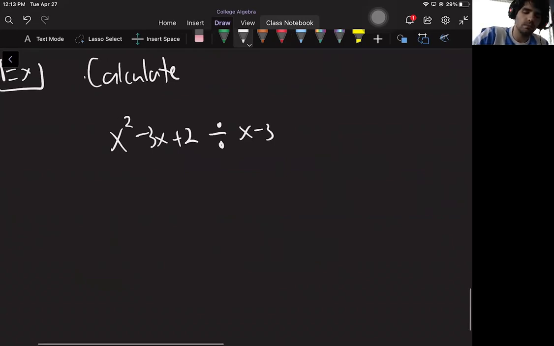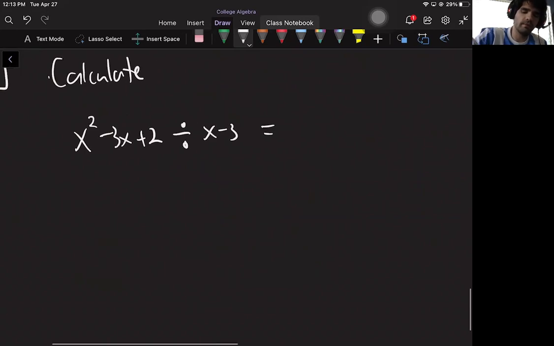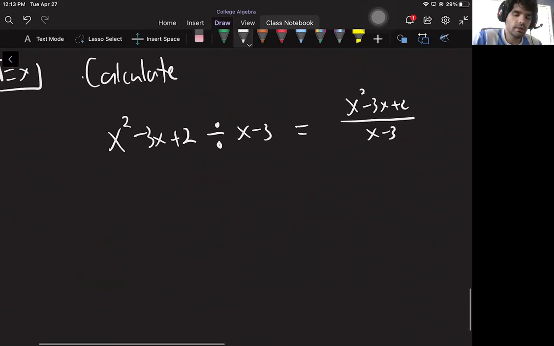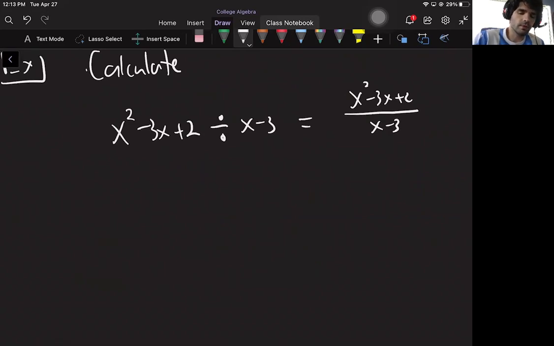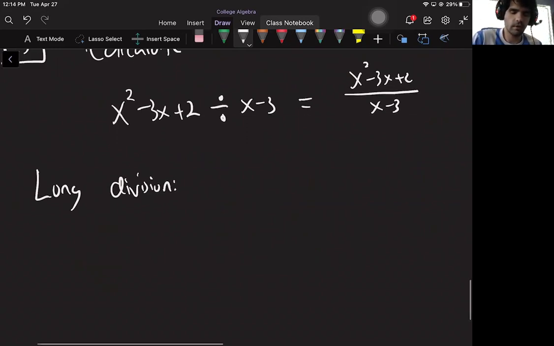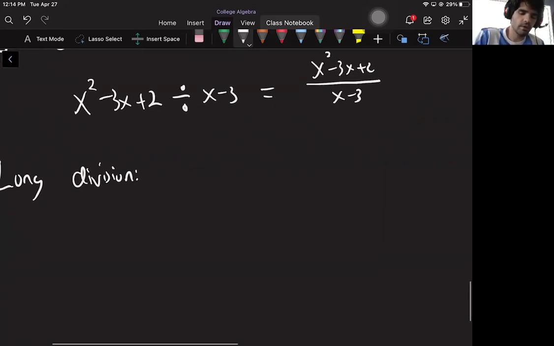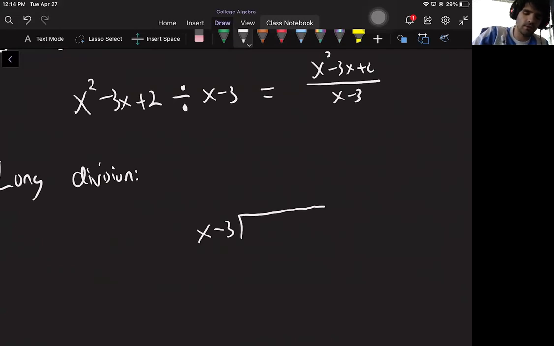And this is the same as saying the bigger polynomial on top of the other as a fraction. And to get it, we do long division. But the long division looks a little bit different. It's very similar. So you put the smaller polynomial on the outside still, just like you put the smaller number there, and you put the bigger one in the box.